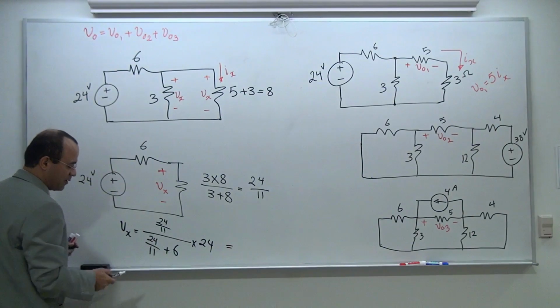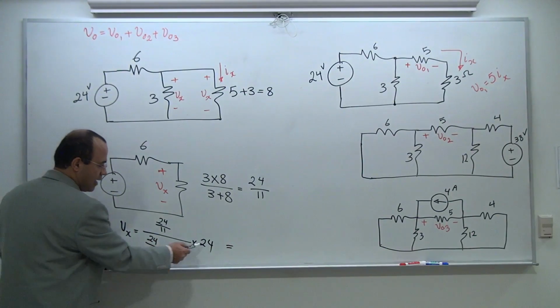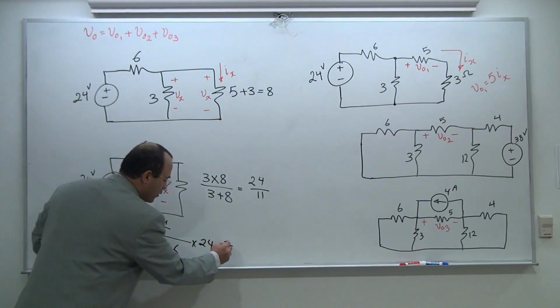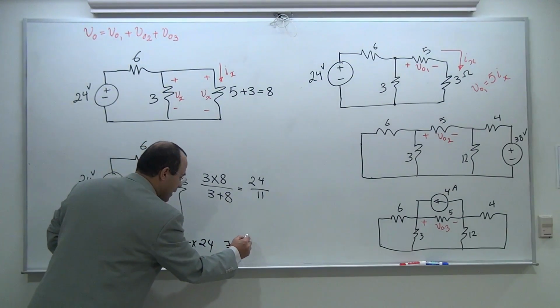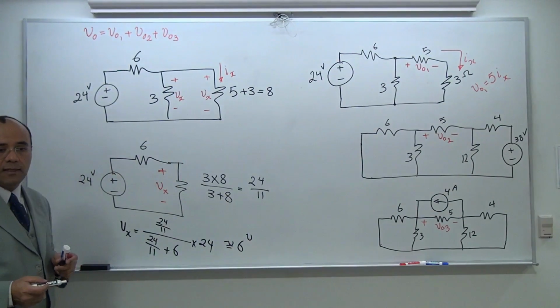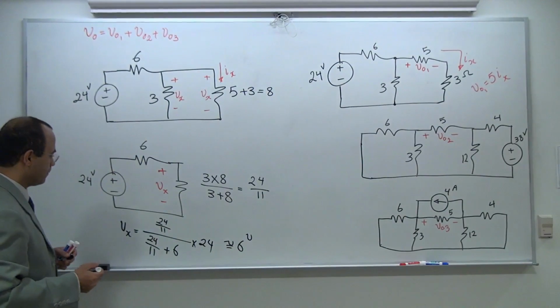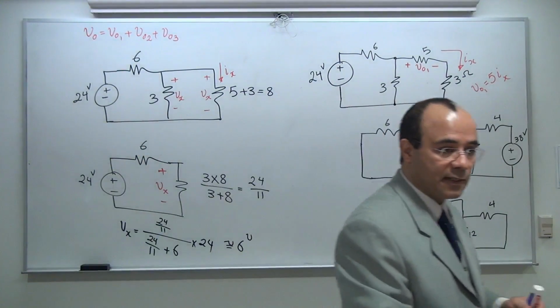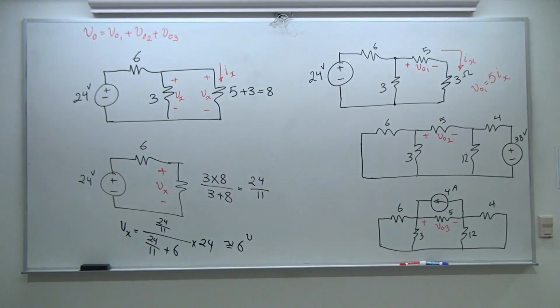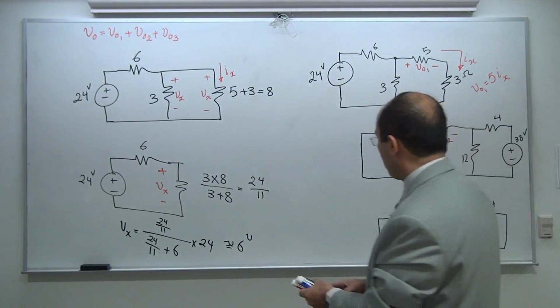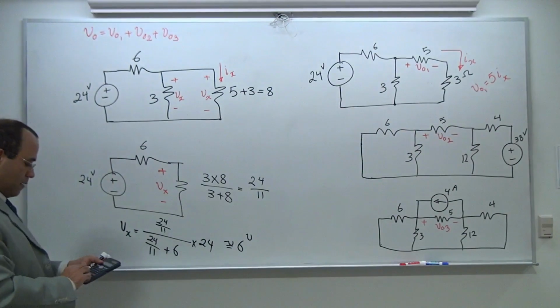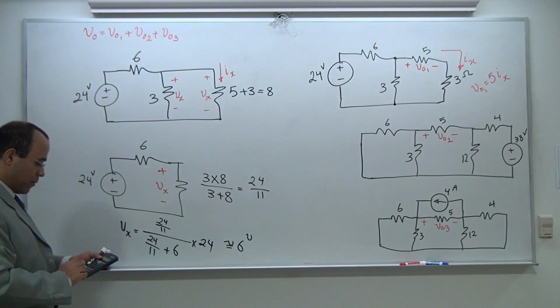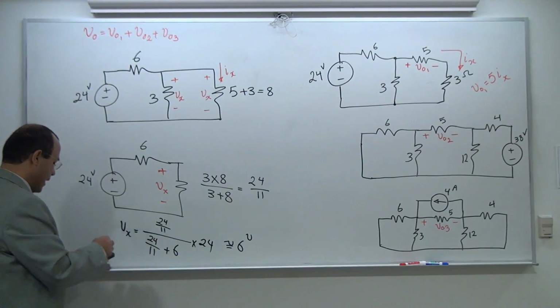This is 2 plus 6, 8. 2 divided by 8. This is going to be 3, so it's almost 6. I'm just making a guess because I don't have access to the calculator. If anybody has a Casio, I can actually use that and get a better reading. 24 divided by 11 is going to be 2.18.